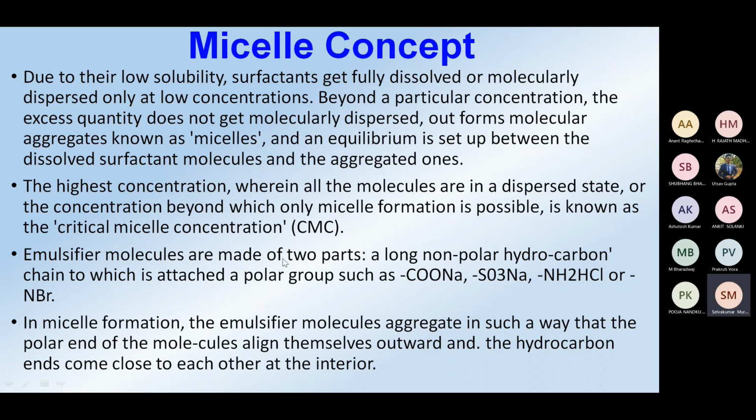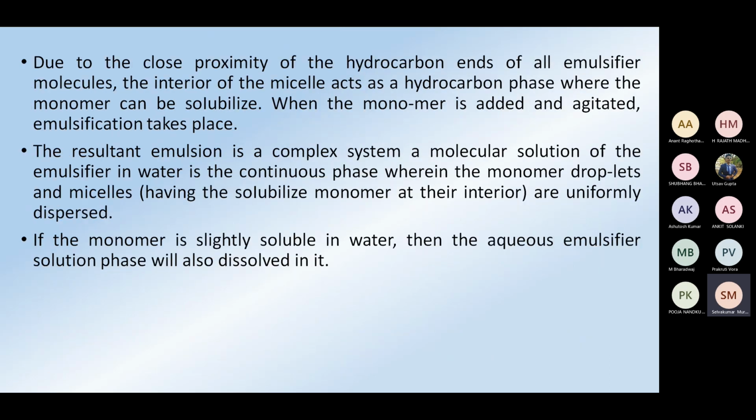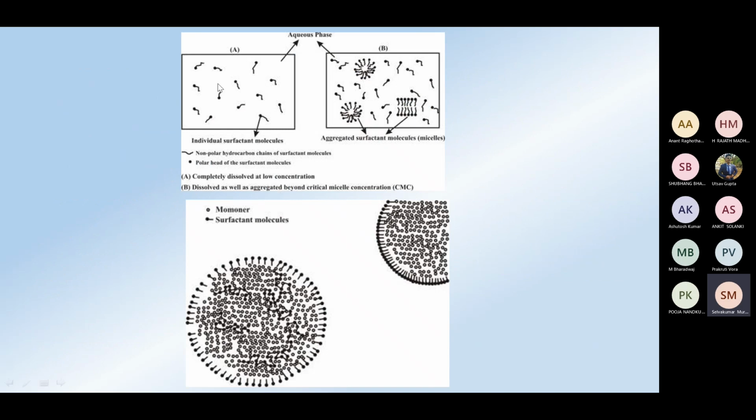They have a long aliphatic chain, which is called the tail, and a polar region, which is called the head of the micelle. In the picture here, they dissolved well, and then slowly started to form aggregates. If you keep adding more surfactant, you will end up with this self-assembled micellar structure.